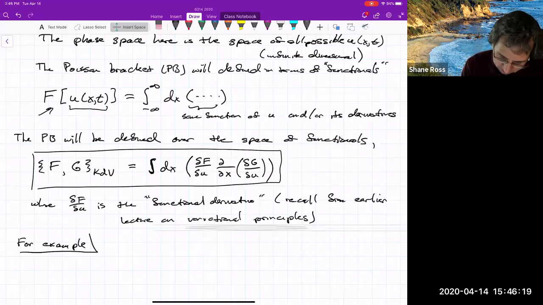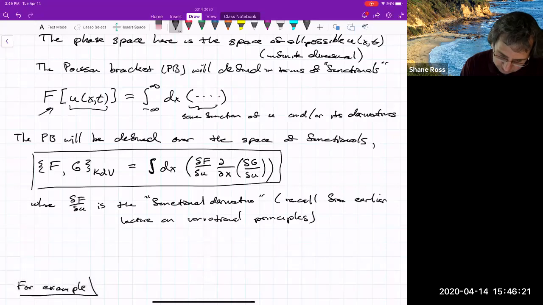And I'll just give you some examples. In that earlier lecture I covered a way to find what these are. Actually, let me make some space for myself and just define it again. You define it the way you would define a derivative. So limit as epsilon goes to 0, 1 over epsilon, of the functional F of u plus epsilon times some test function v, minus F of u.